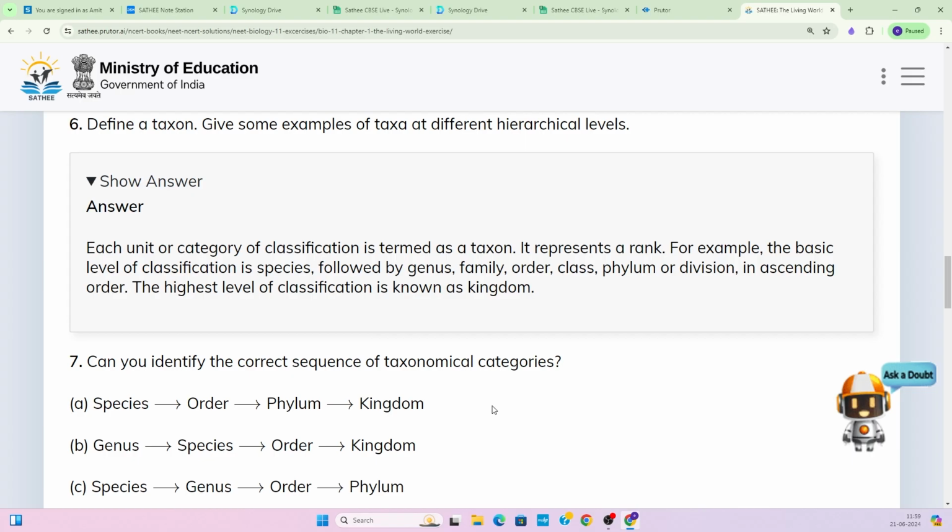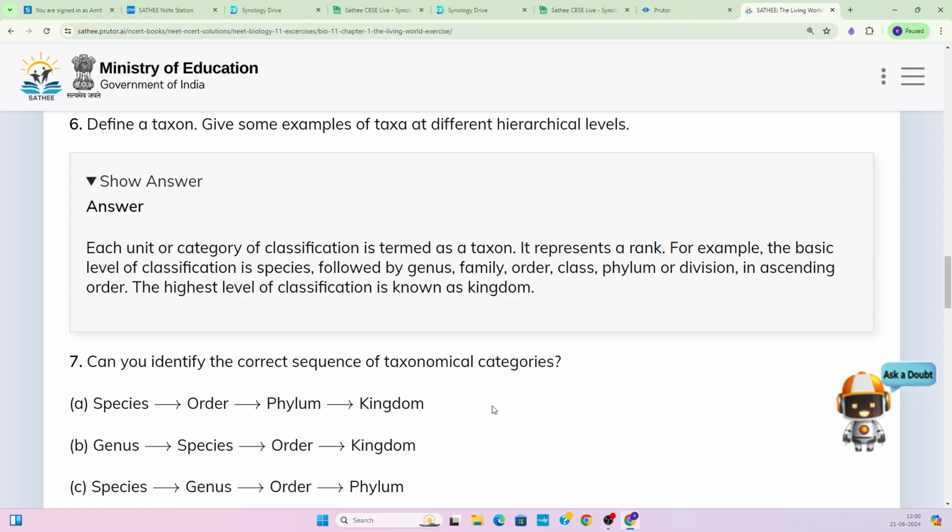For example, the basic level of classification is a species, followed by genus, family, order, class, phylum or division, right? In ascending order. So we start from the species, then comes the genus, then family, order, class, phylum or division.